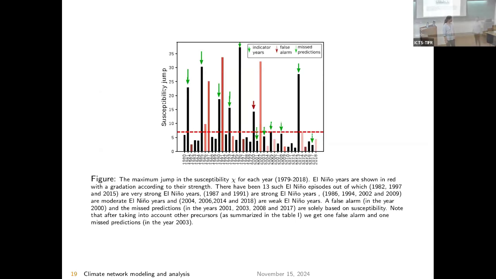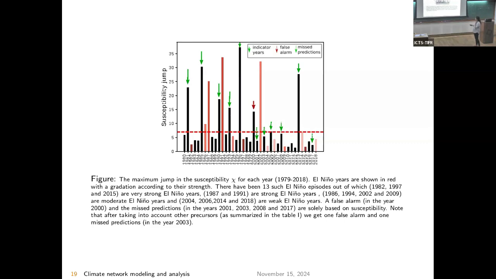Can I see the El Nino years there? These red lines are the El Nino years. All the red lines are El Nino years.